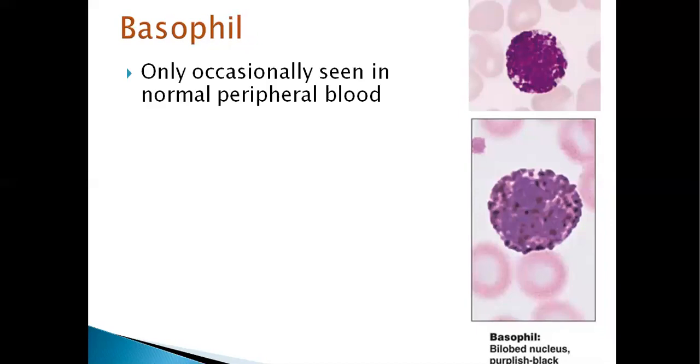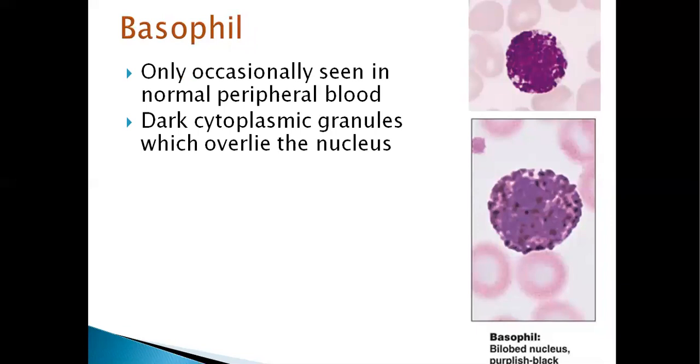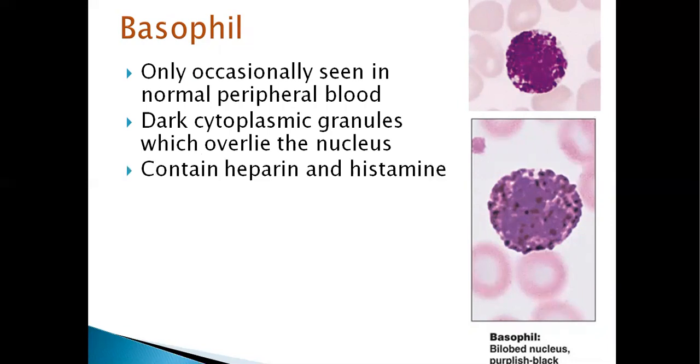Basophil is only occasionally seen in the normal peripheral blood. It has dark cytoplasmic granules that overlie the nucleus and contain heparin, which is an anticoagulant, and histamine, which is related to the trigger of the allergic reaction.